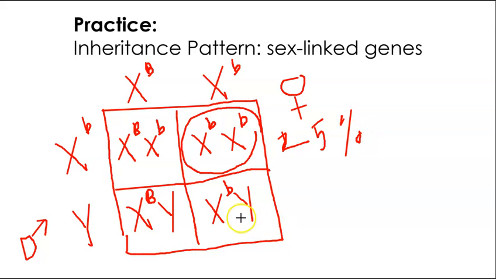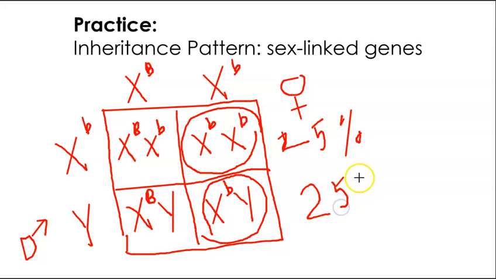And then with regards to males, we have 1 box out of the 4. So that is also 25% chance of their son or their male child being colorblind.